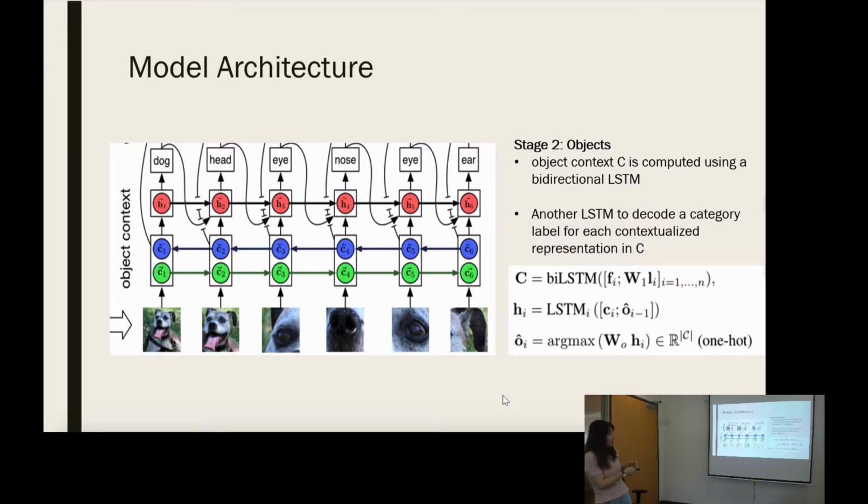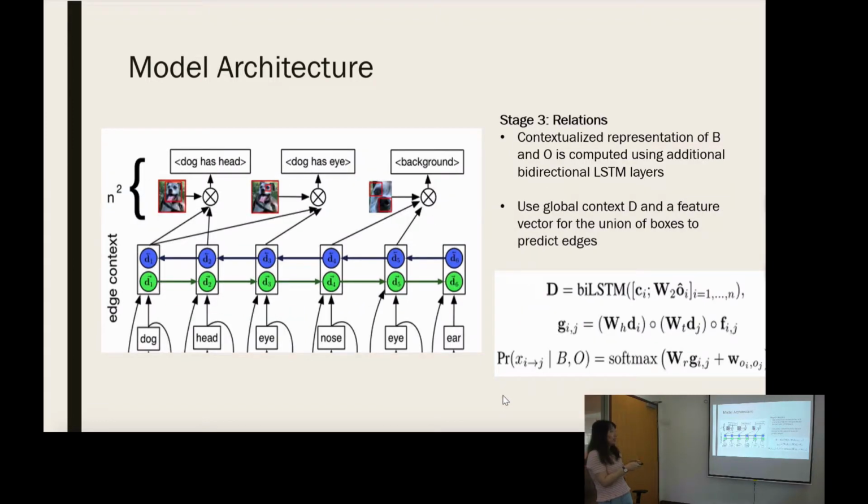Then the last part uses the encoded information in the object context to train another bidirectional LSTM. Here we have the input information of the object context, and we also use the predicted object label, and we put all of this information into the bidirectional LSTM. This is used to predict the edge context.